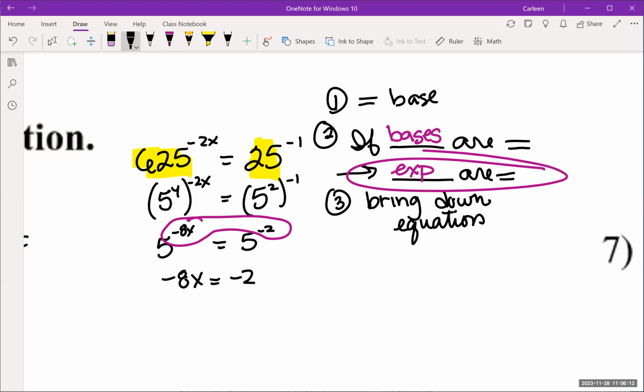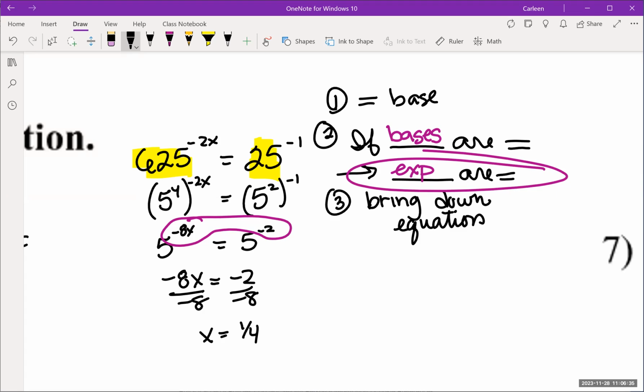Next step, divide by negative 8. X is equal to, is it 4 or 1/4? It is positive 1/4. Oh, careful. Oh, it's a trick question. Yeah, the 8's on the bottom.